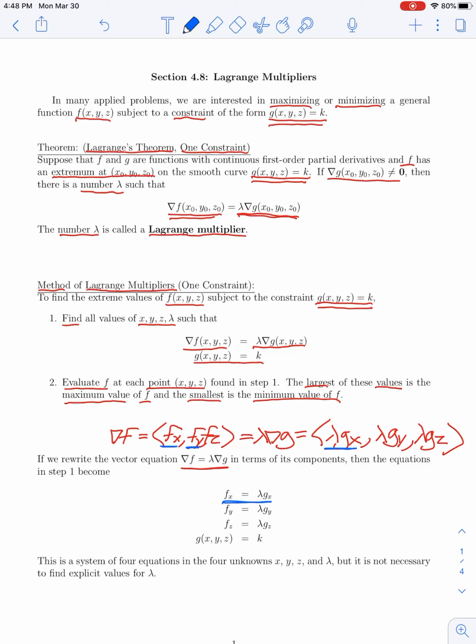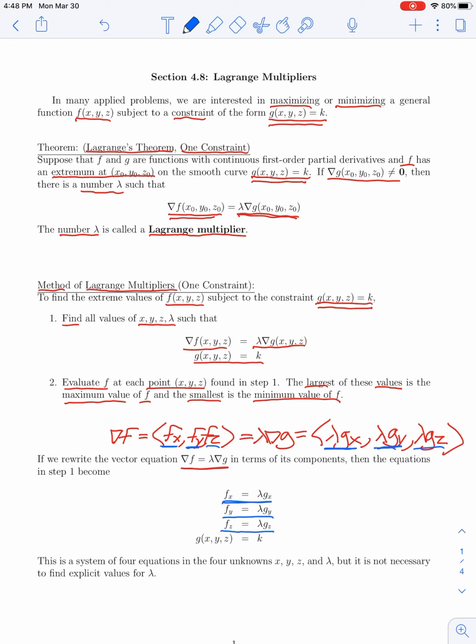That is, the partial of f with respect to x is lambda times the partial of g with respect to x. Now for the second components to be equal, the partial of f with respect to y has to equal lambda times the partial derivative of g with respect to y.